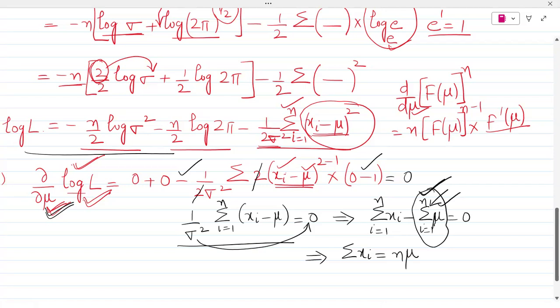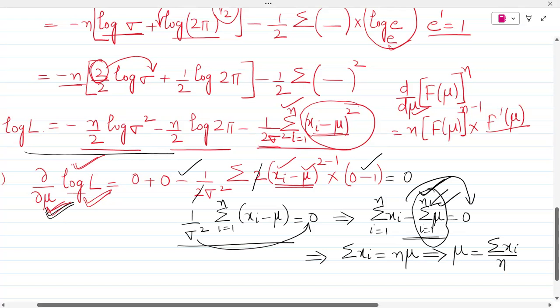Please mind, since mu is a mean, it is a constant. Similarly, sigma square is also a constant, and moreover I have shifted this term to this side. So from here, mu will be summation xi upon n. And what is this summation xi upon n? It is nothing but our sample mean.